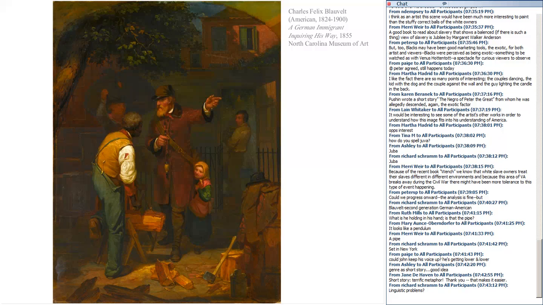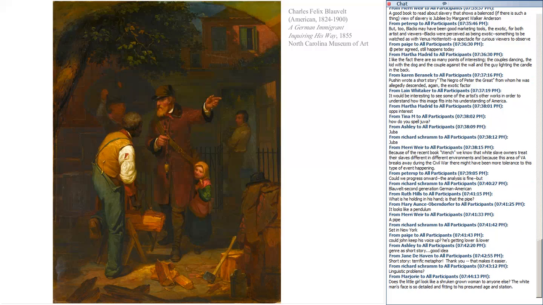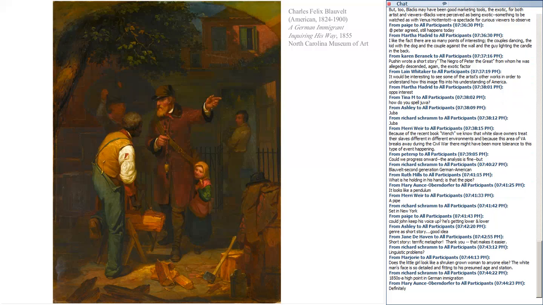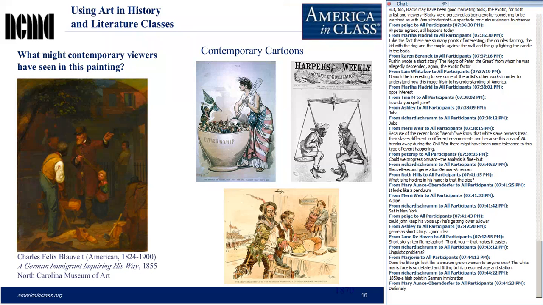And the Native Americans hardly credited the Irish with being human. We can look briefly at some of the caricatures. I'm interested in the one on the upper right in which the African American and the Irishman are seen as equally despicable.